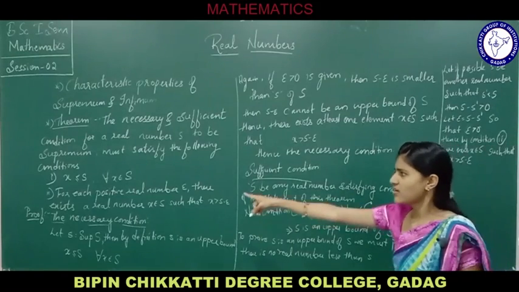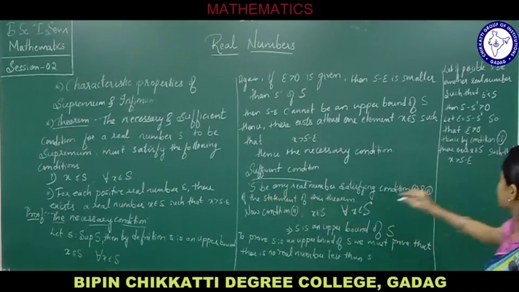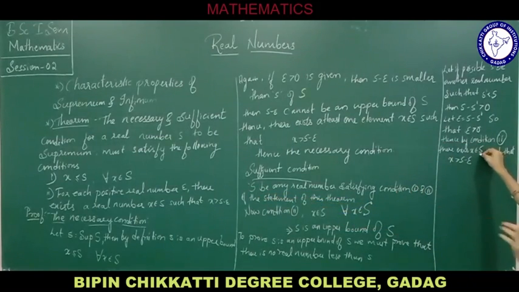We have considered this from the second statement, condition 2 only. There exists a real number x belongs to S, and it should be that x is greater than s minus epsilon.